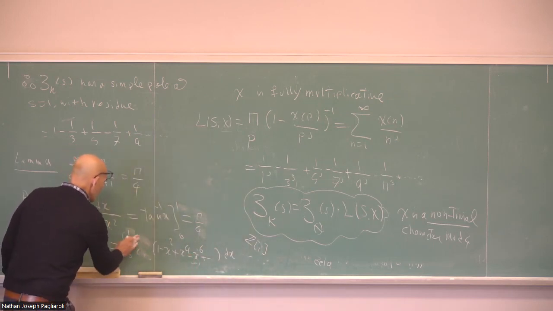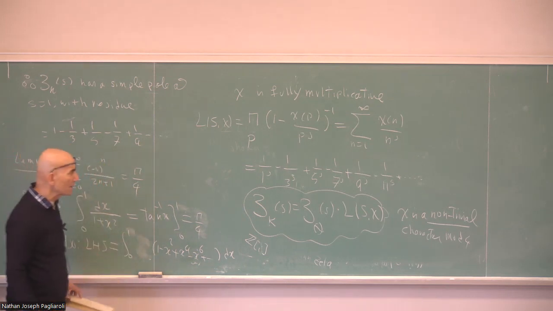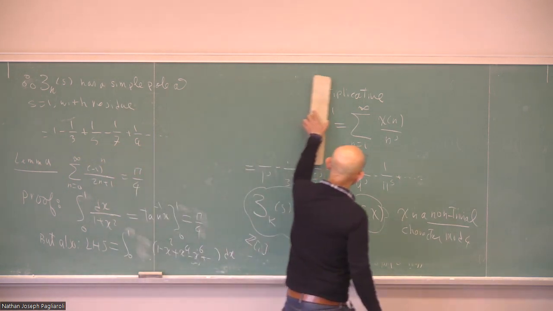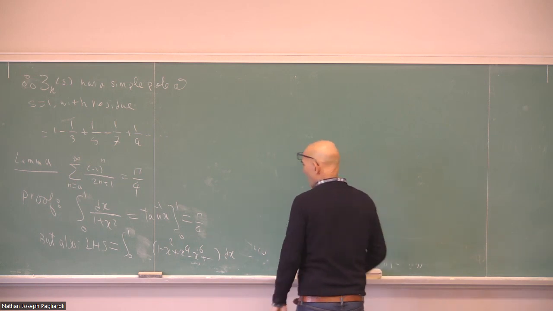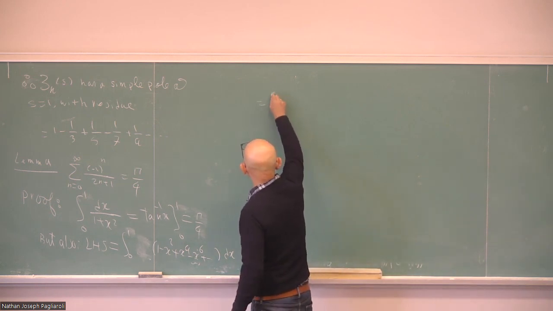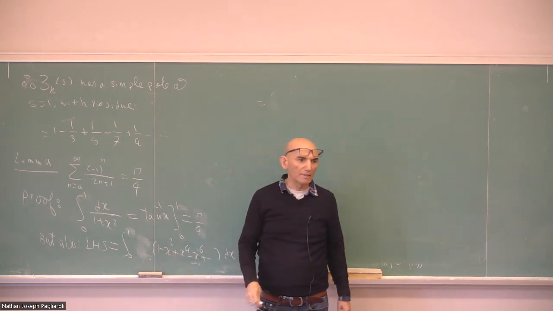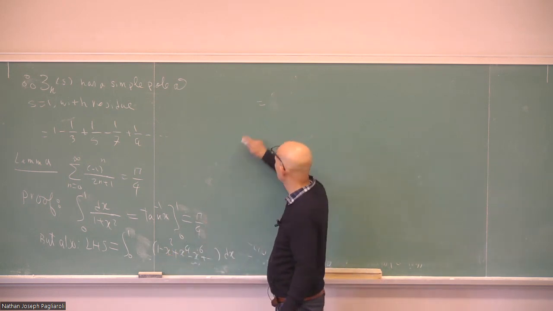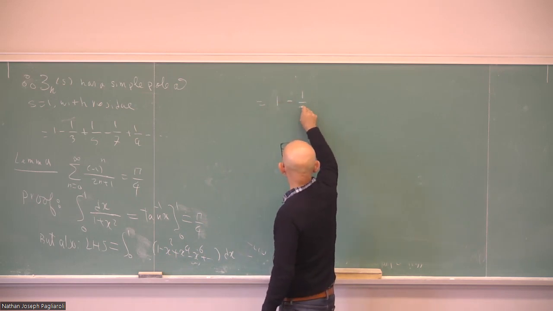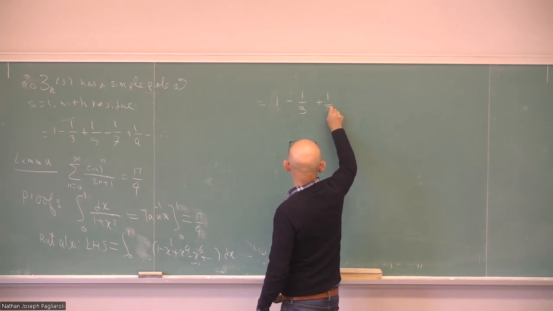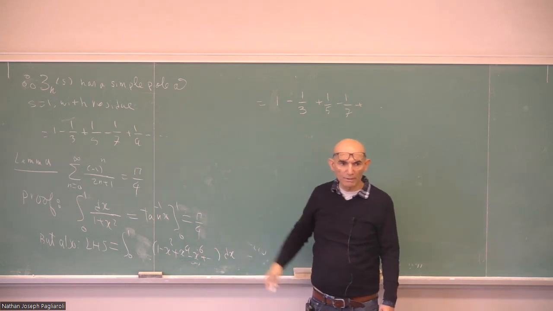Oh, there's no sigma there. Okay, now let's compute that. The antiderivative of the first term is x, which gives me a 1. And the next ones give minus 1/3 plus 1/5 minus 1/7. So we just integrate term by term.